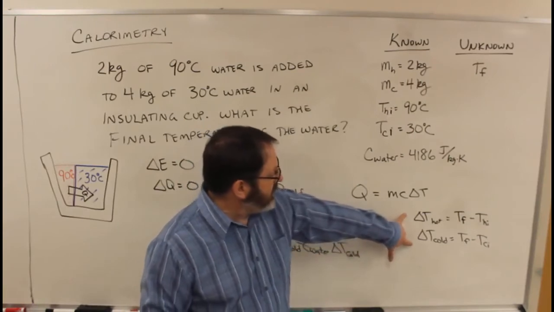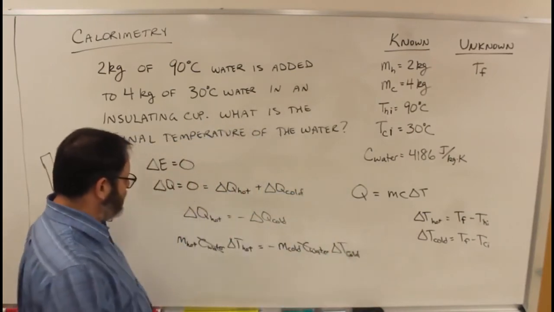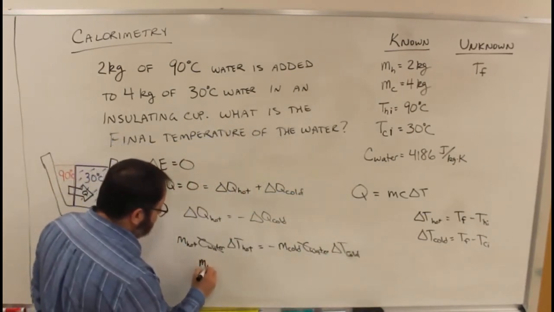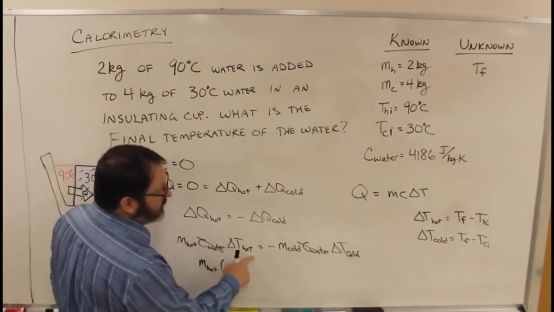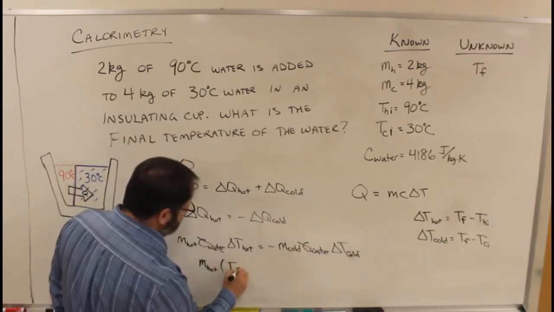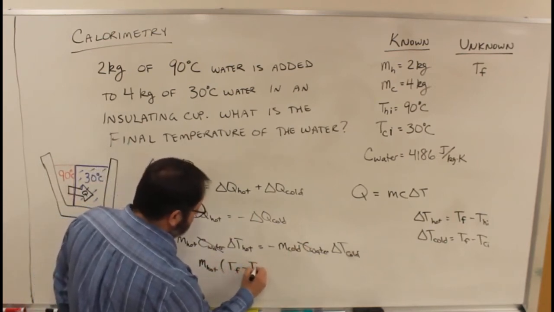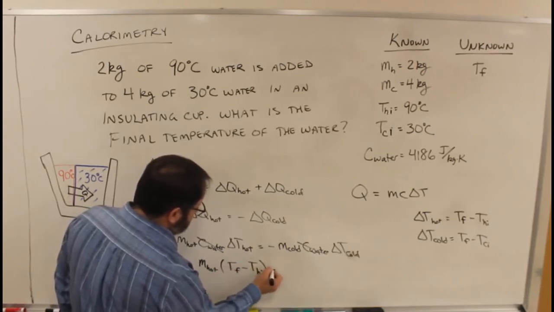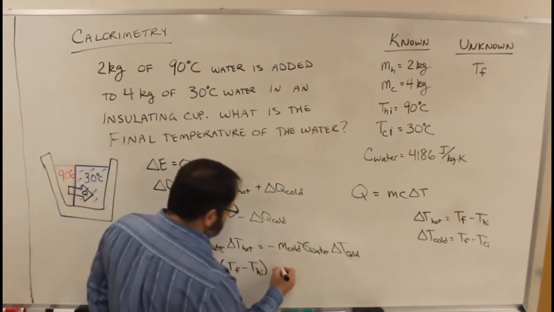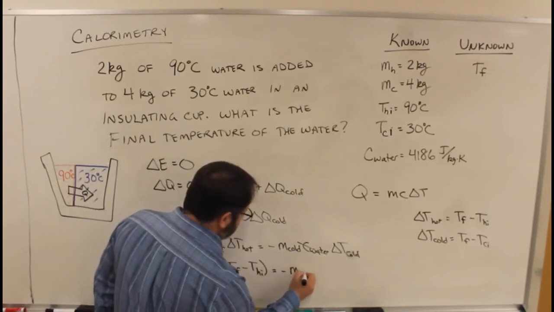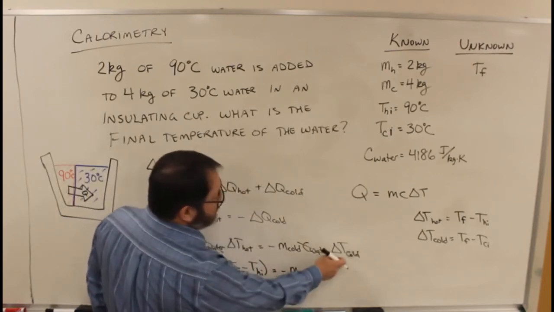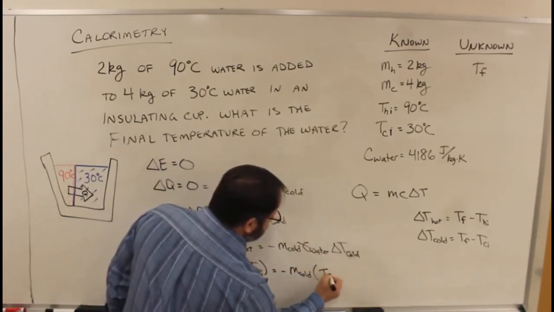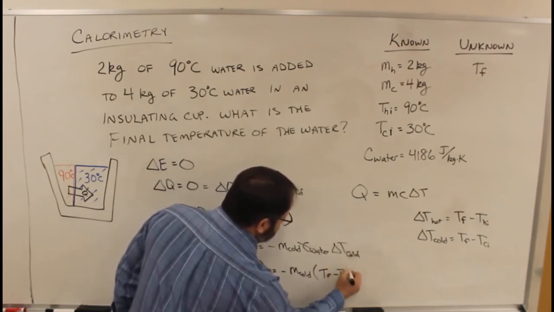So now if I put these into here, I can see m hot times delta T hot. So that's T final minus T hot initial equals minus m cold times delta T cold, T final minus T cold initial.